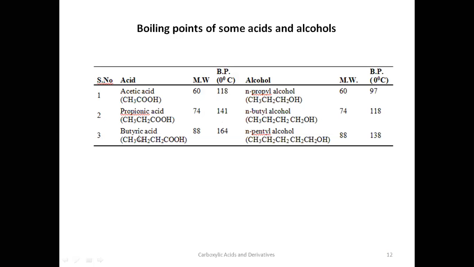One more example is butyric acid, boiling point is 164, and N-pentyl alcohol, with the same molecular weight as butyric acid, has a boiling point of 138. See the difference here. The difference in the boiling points is due to the existence of cyclic dimers of these carboxylic acids. Okay, this is about the boiling points and dimerization or hydrogen bonding in carboxylic acids.